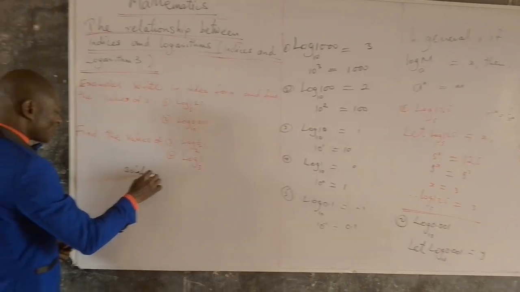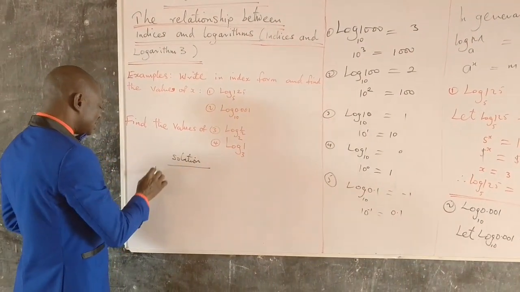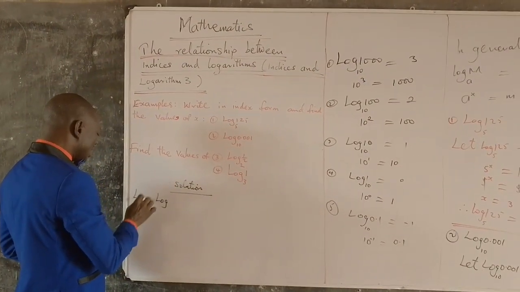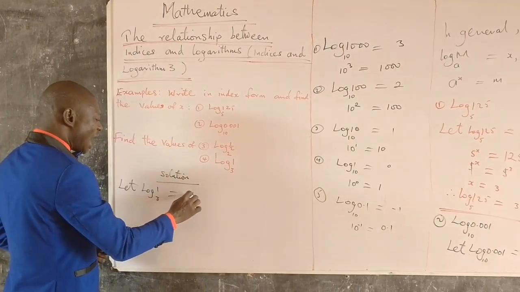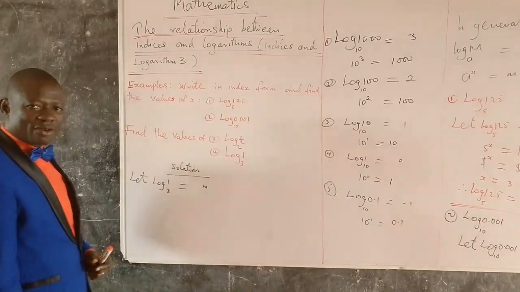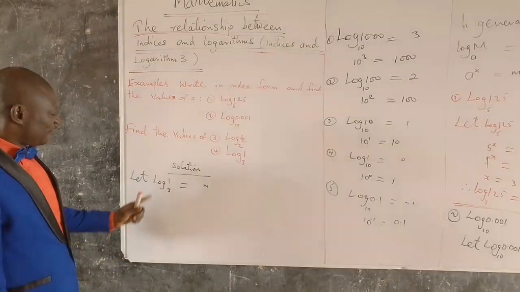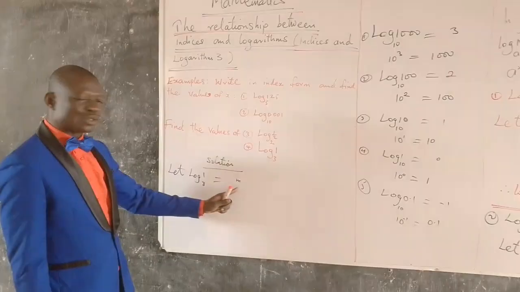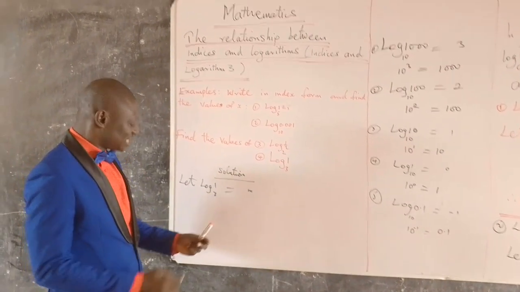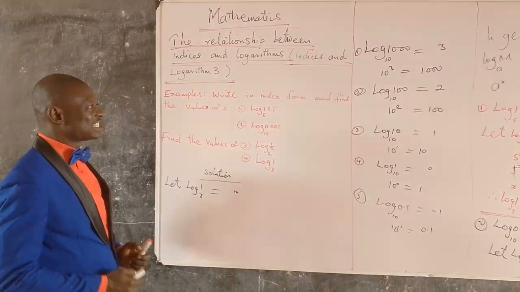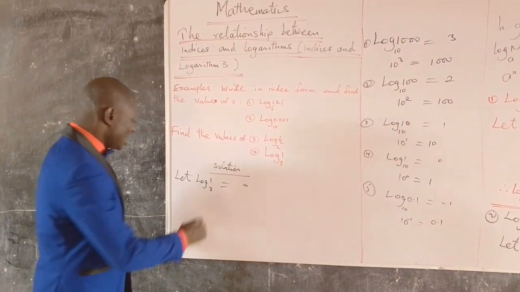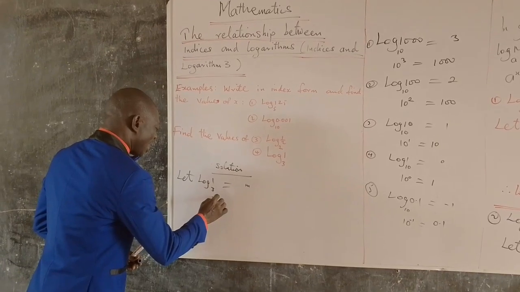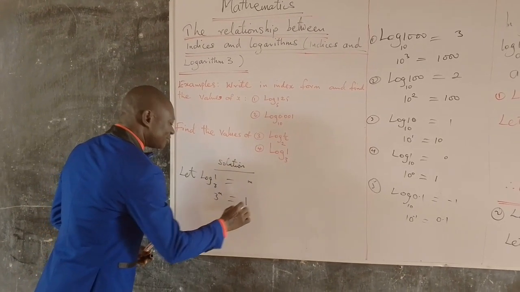Solution to that question is we say let log 1 in base 3 be equal to m. Let us use small m this time around. If log 1 in base 3 is equal to m, it means we can change it to indices according to this relationship we've established. It means that 3 raised to the power m is equal to 1.